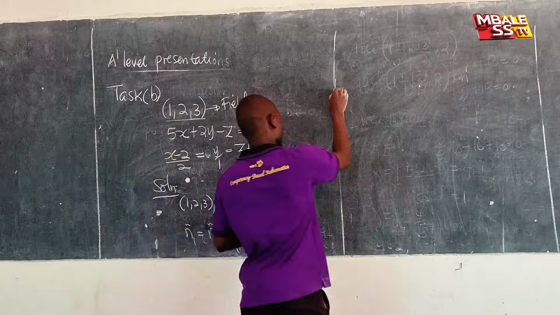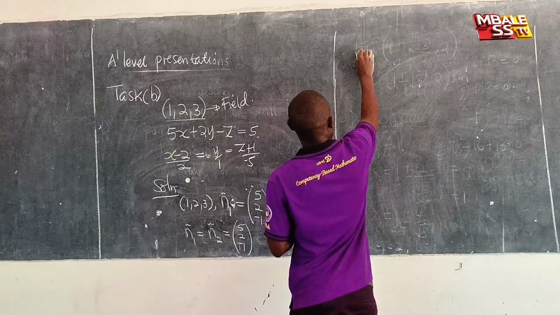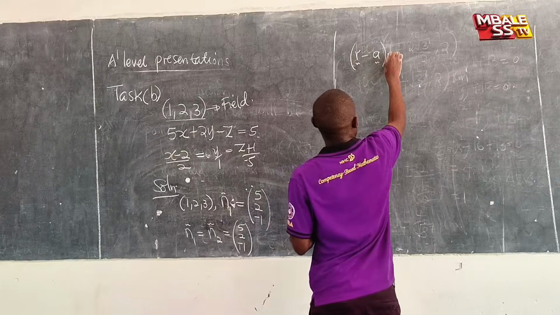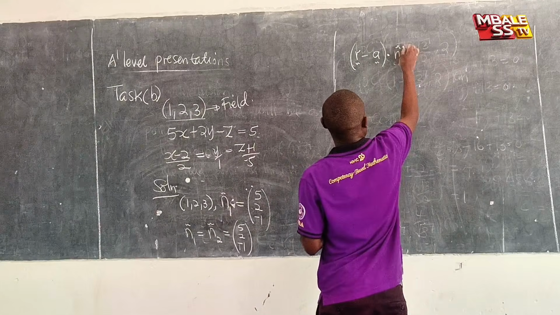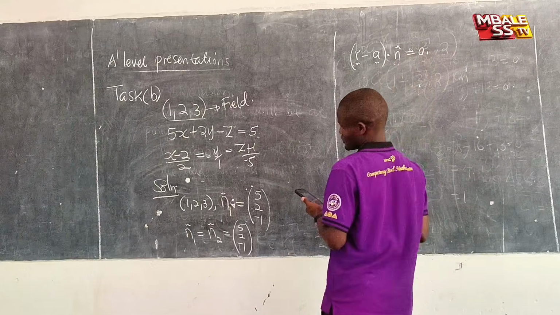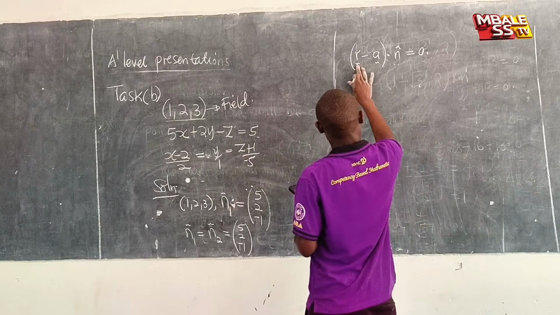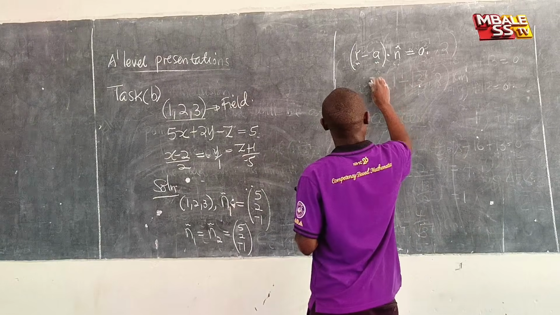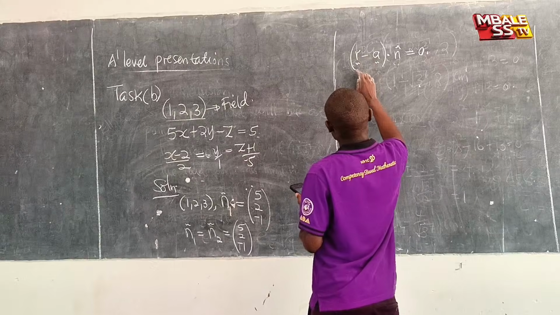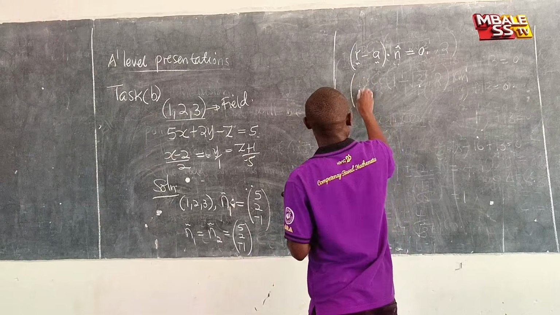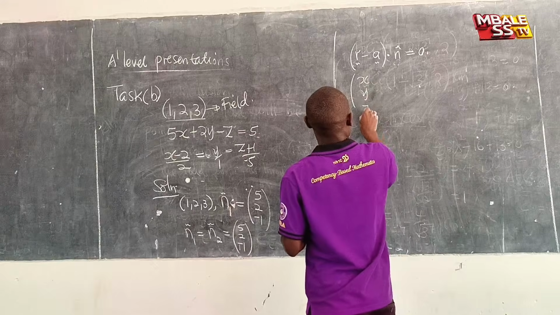And then we can use that if I get r minus a and I dot it with the norm, this one should always give us a 0. The normal dotted with the displacement vector r minus a gives 0, where r is any point x, y, z.